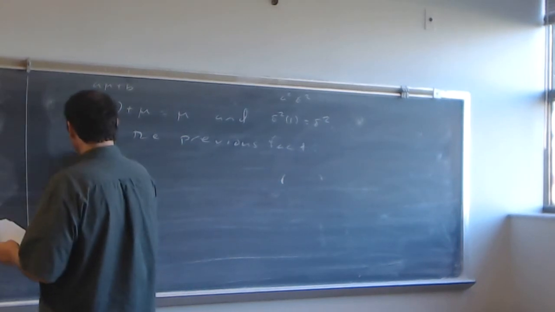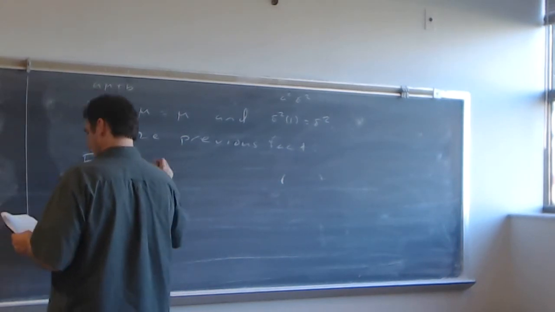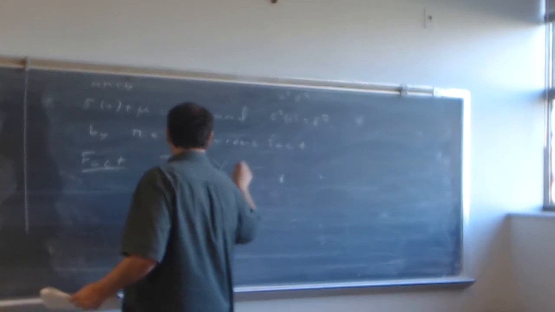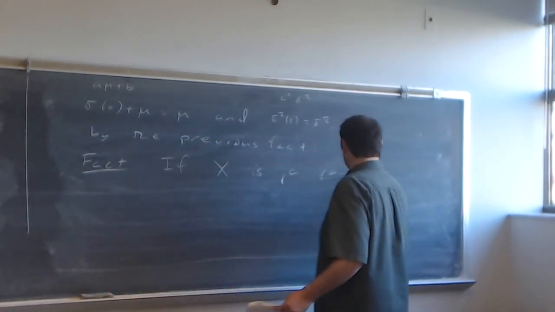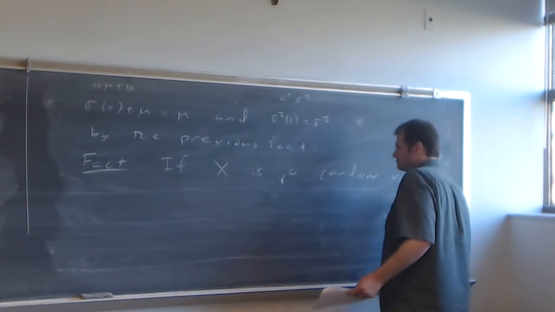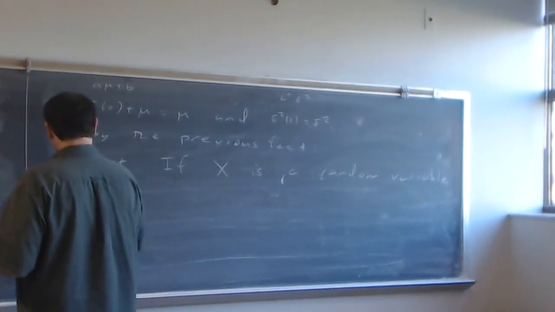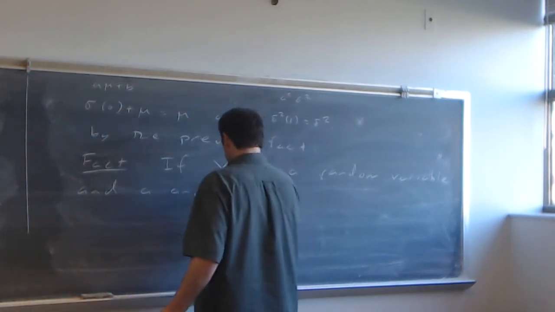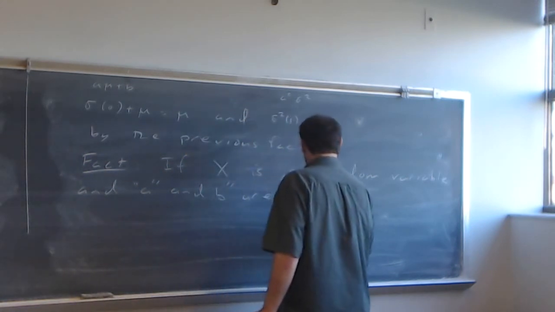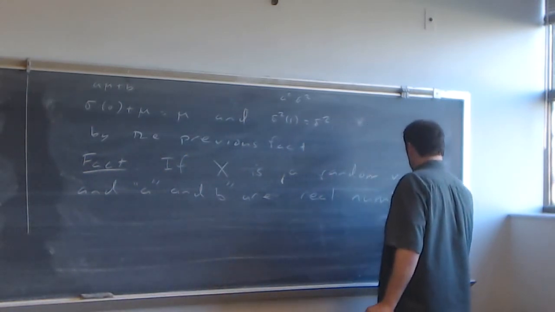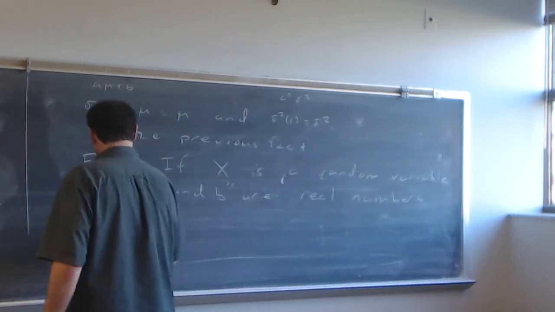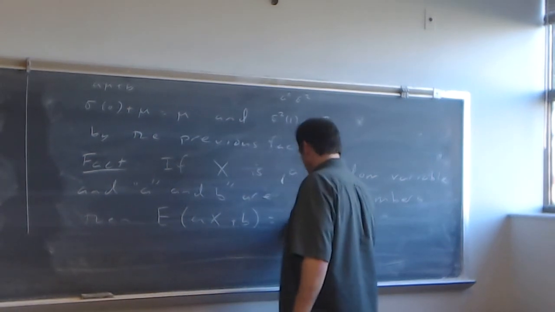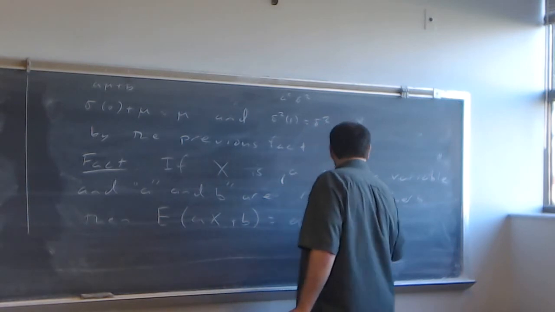Okay. As another fact, and this is just in general about any random variable: if X is a random variable, and a and b are real numbers, then the expected value of aX plus b is equal to a times the expected value of X plus b.